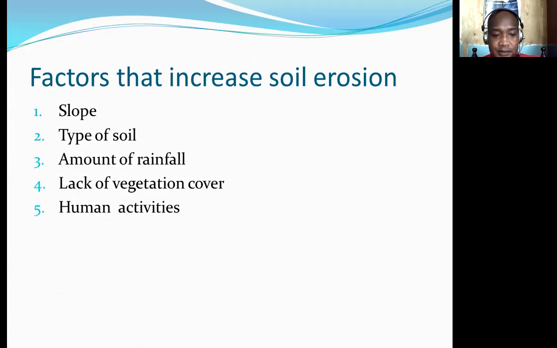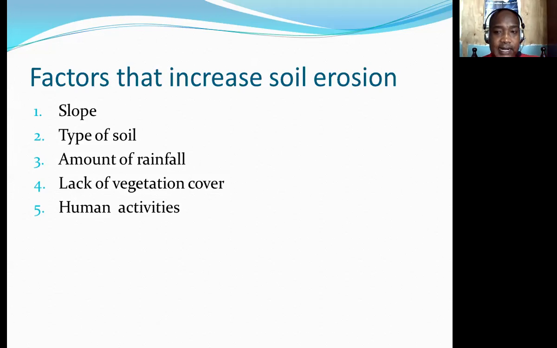Heavy rainfall increases the rate of soil erosion since more water, that is an agent of erosion, is available to carry away top fertile soil.